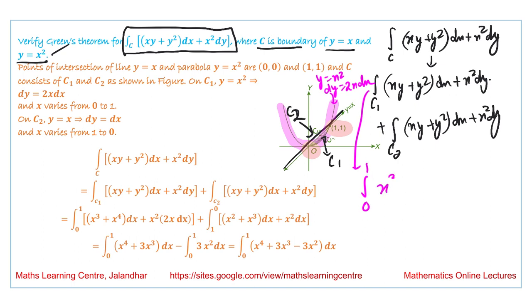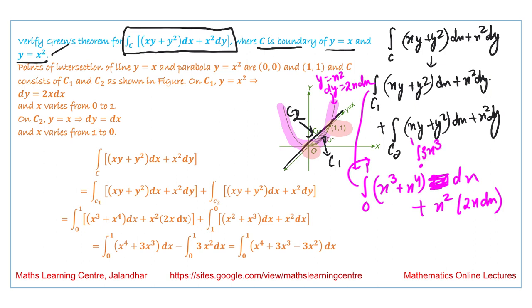This becomes x cube plus x raised to the power 4, times dx, which remains as it is, plus x square, and in place of dy we write 2x dx. So this whole value becomes the integration from 0 to 1 of (3 times x cube plus x raised to the power 4) dx.